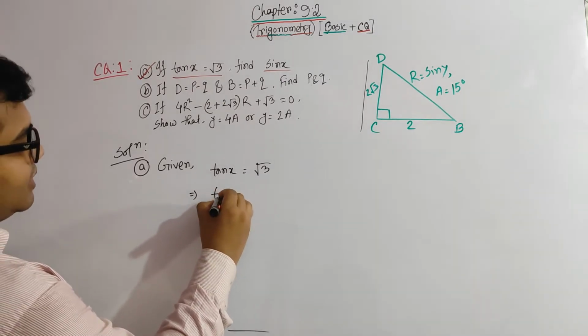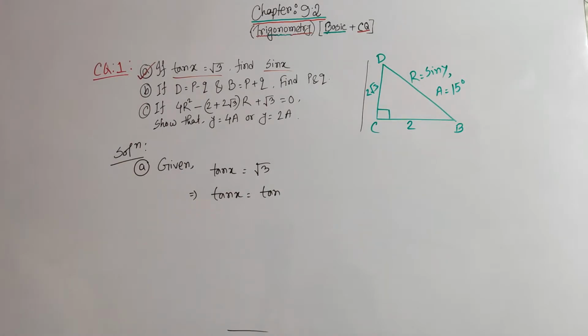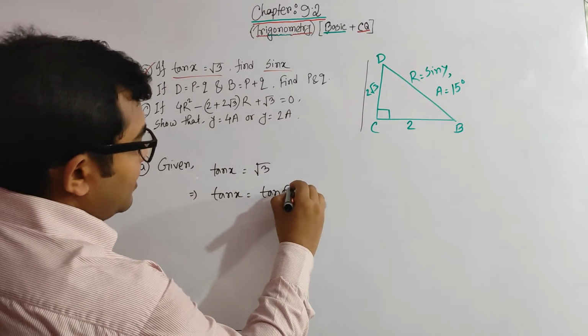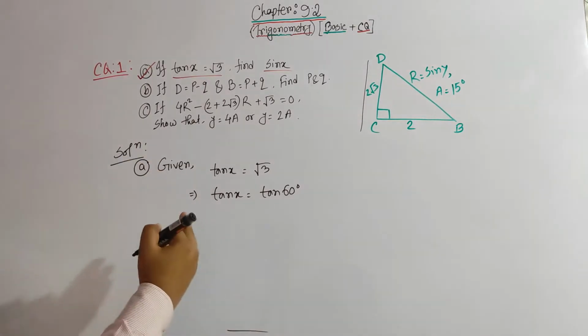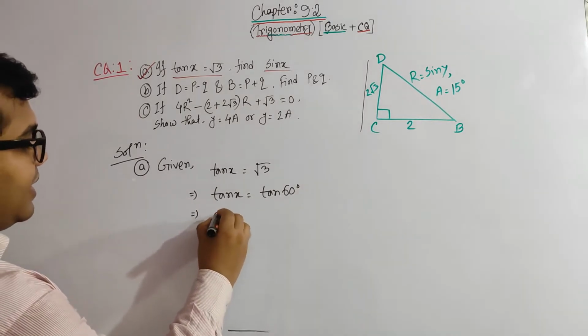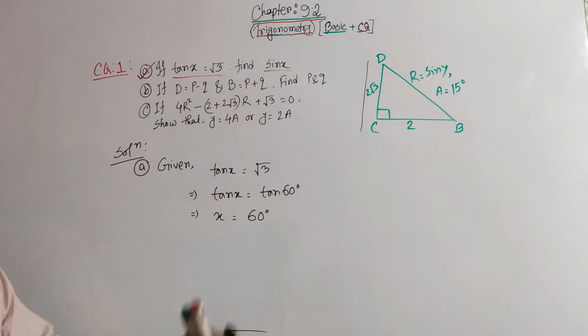So we can write tan x equals tan of how many degrees? Root over 3 is tan 60 degree, because we have just seen how this angle comes. You have to have memorized this angle. Then x equals 60 degree.